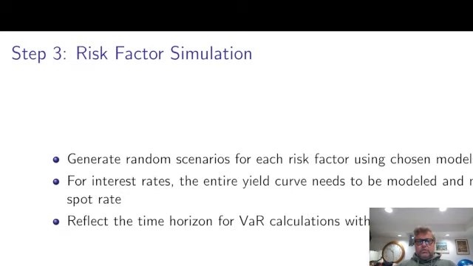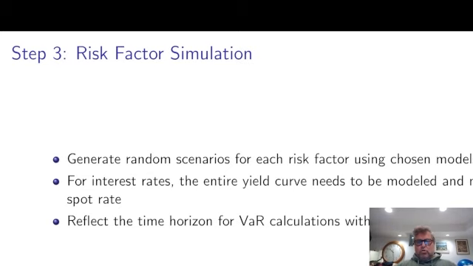So then you generate random scenarios for each risk factor in a correlated manner, and you have basically these risk factor models. And I mentioned it before, for interest rates, you need to model the entire yield curve, so that for each simulation at the time horizon, you have basically the yield curve modeled.